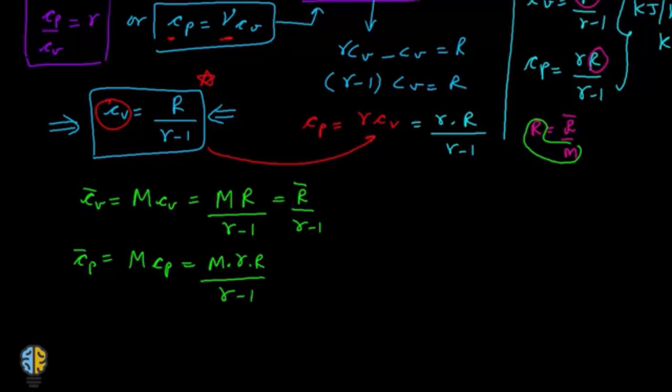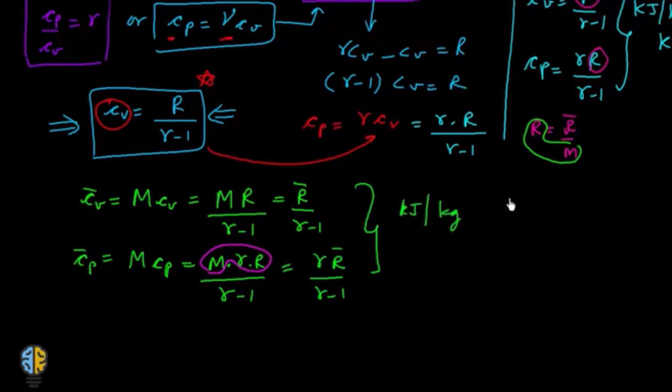Still you can combine M and R, and this would give you gamma into R bar upon (gamma minus 1), and the units for these, which are molar specific heats, are kilojoule per kg mole Kelvin.